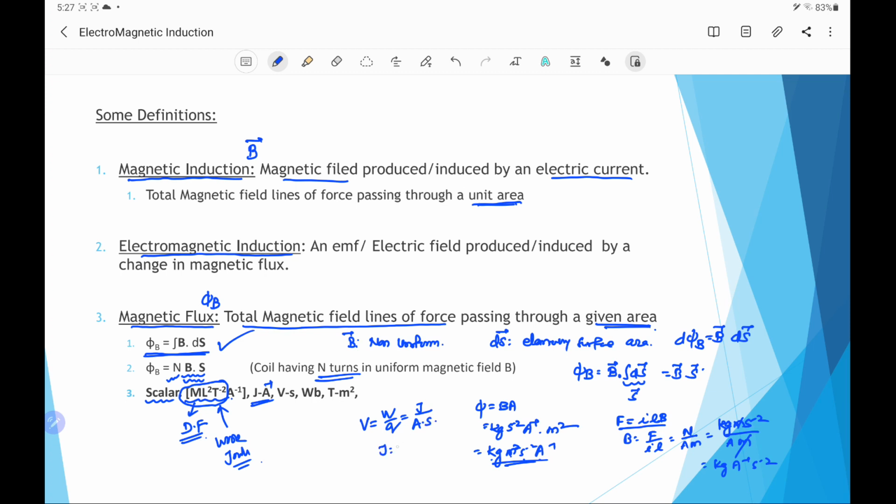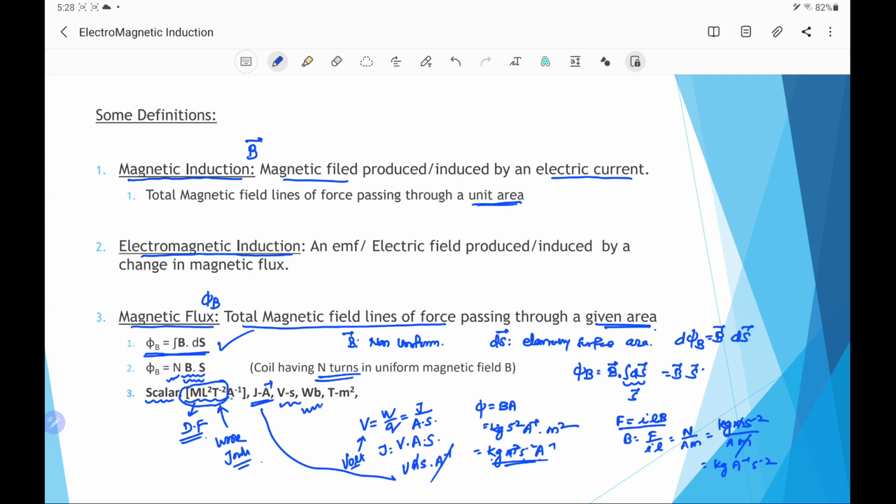Therefore, joule can be written as volt ampere second. If we replace this joule here, it is volt ampere second into per ampere. So ampere and ampere get cancelled and the unit is volt second.